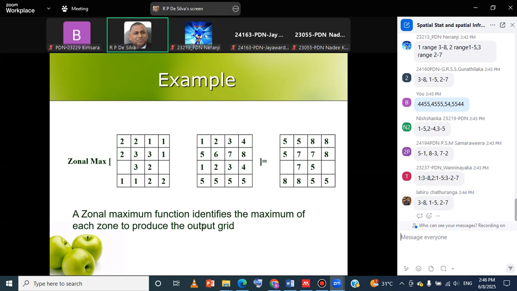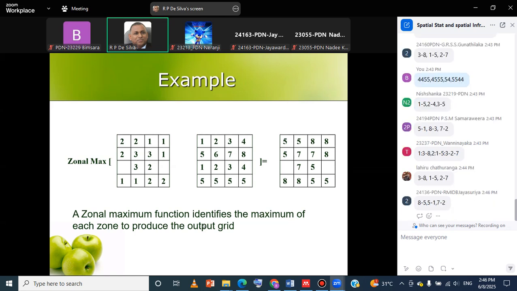So now, if you look at the zonal range, your values are only 4s and 5s. Earlier we had values in the range of 1 to 8. Now we have only two classes, 4 and 5.